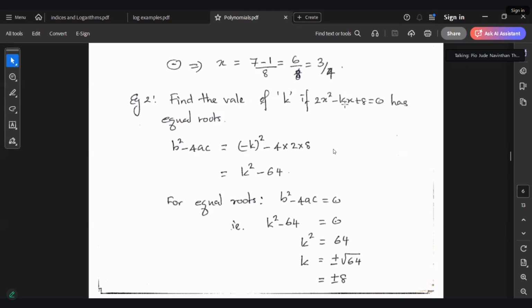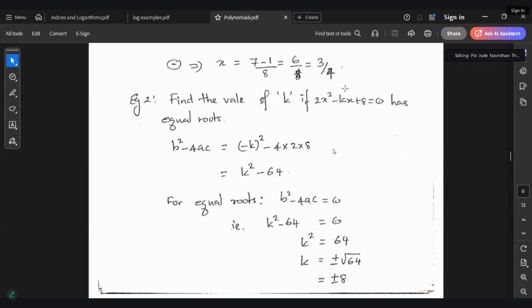But the condition is that it has equal roots. They are saying this equation has equal roots, therefore find the k. They ask in a different way.